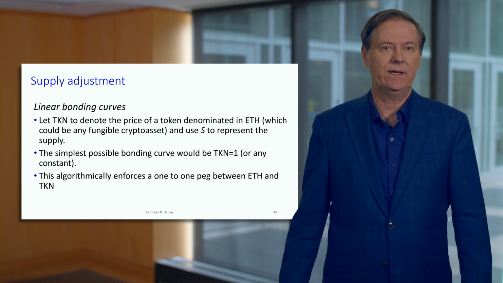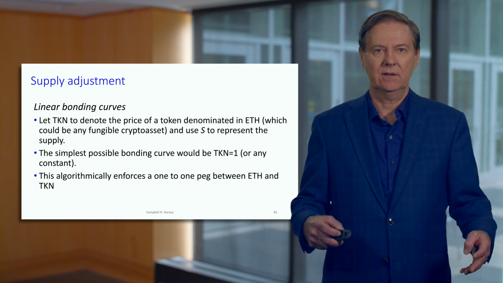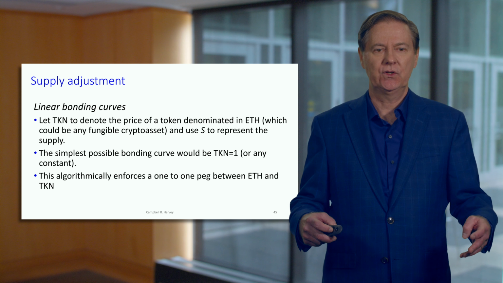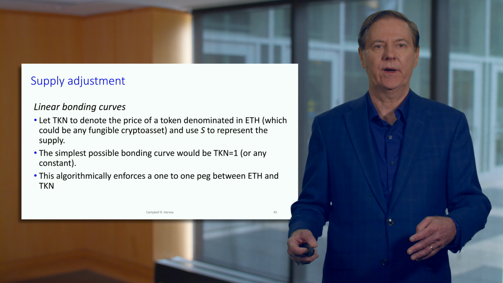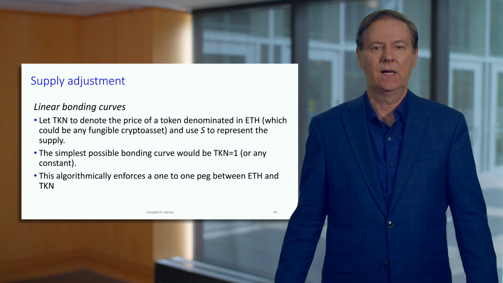So the simplest bonding curve would be token equals 1, or any constant. This means that the value of token is pegged to Ethereum, 1 for 1. It's a very, very simple idea.